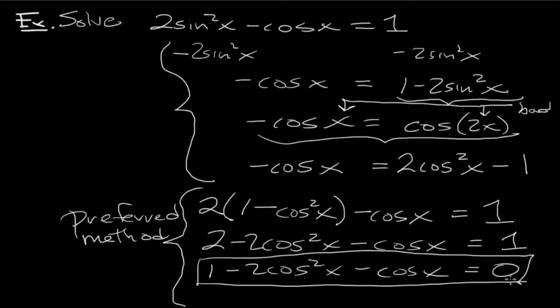And I'm going to rearrange it on the next page just to put it in our more traditional order of decreasing powers. It's going to be minus 2 cosine squared of x minus cosine of x plus 1 equals 0. I just moved the 1 so that it was in decreasing power order. The other thing I think I would do personally is we have a leading negative here, and that tends to cause issues for people when they're factoring.